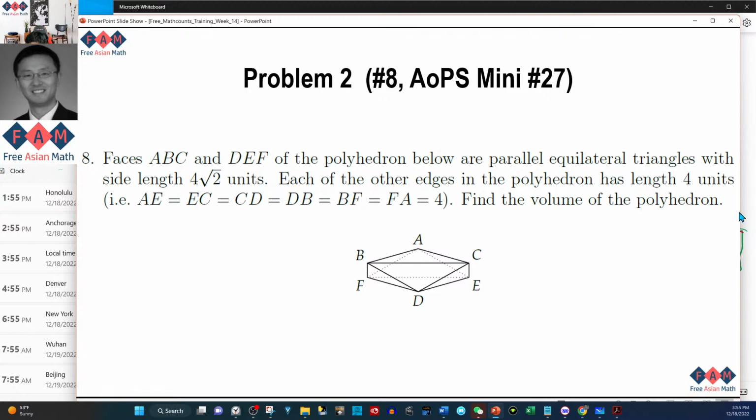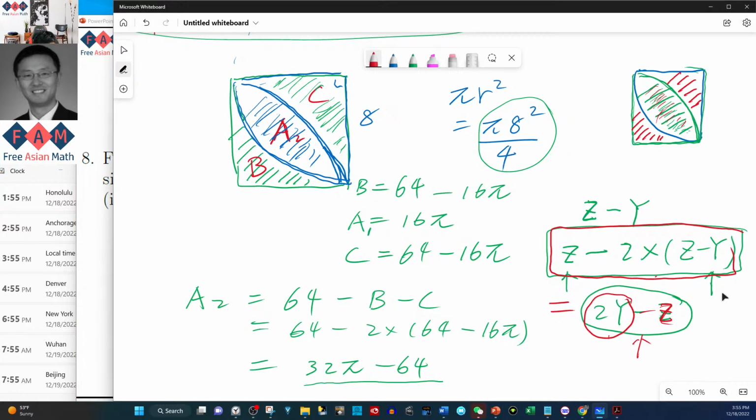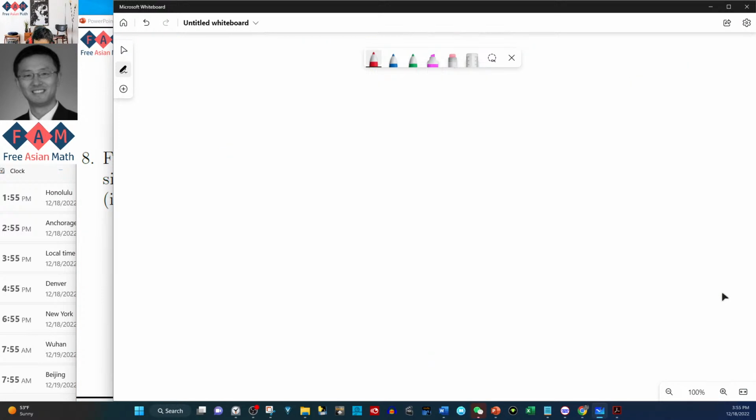We have a triangle that is 4, 4, 4 square root of 2. And what is that triangle? That's a 45, 45 right triangle. So this is a right triangle and this is 45.